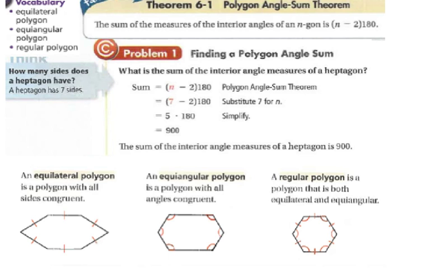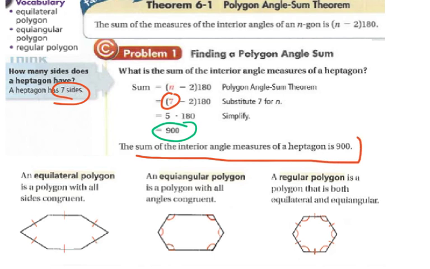A heptagon has 7 sides, so we're going to plug 7 in for n. 7 minus 2 is 5. 5 times 180 is 900. So the sum of the interior angle measures of a heptagon is 900 degrees. That's our answer.